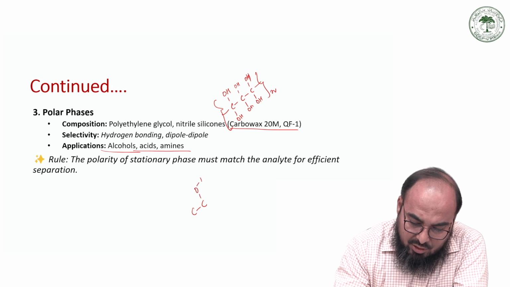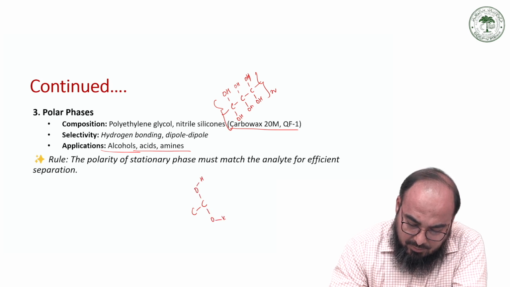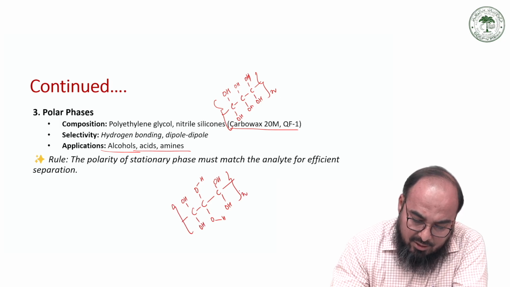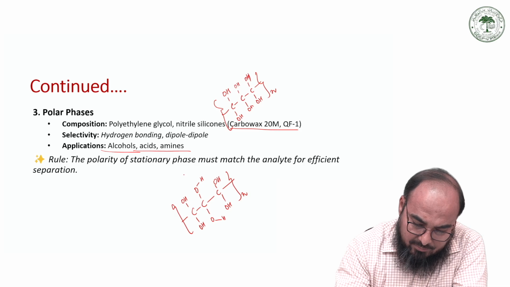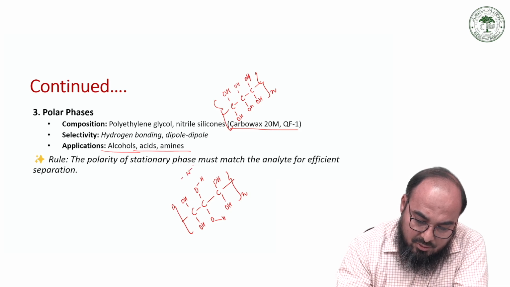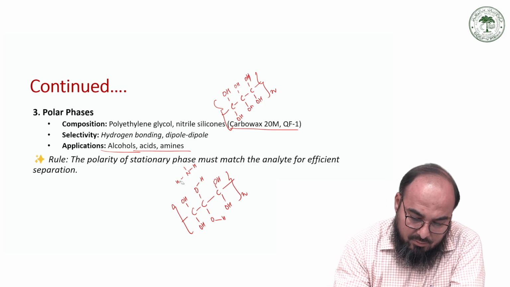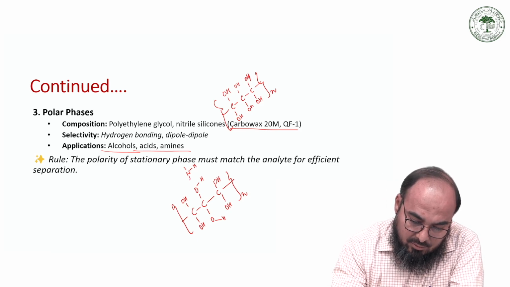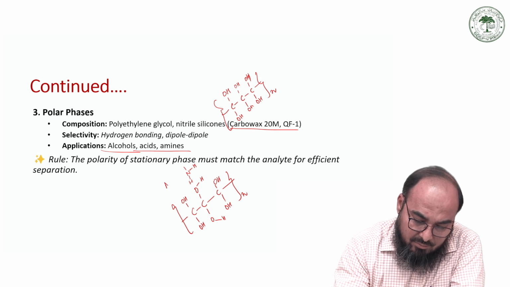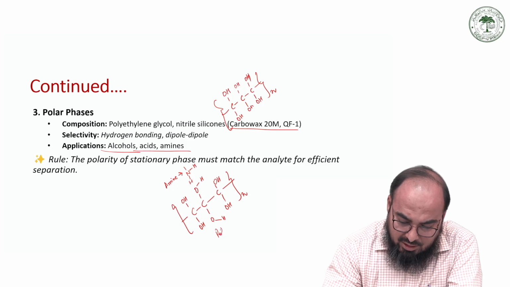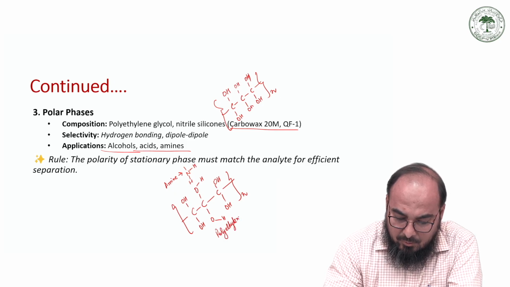For example, here it is N. Now, for example, if an amine comes into play, this is the amine part, and this is your polyethylene glycol.